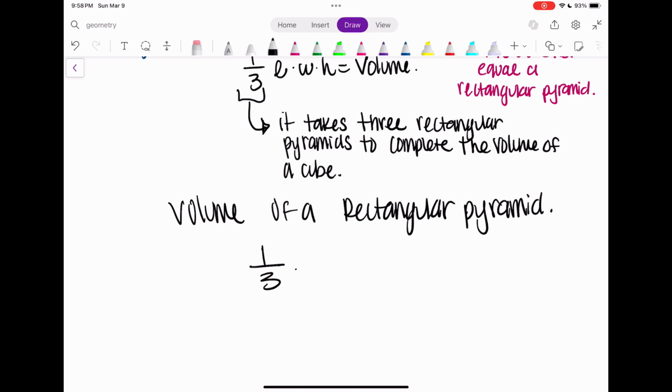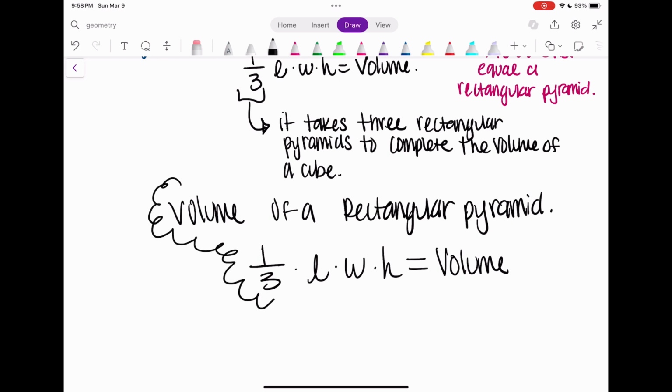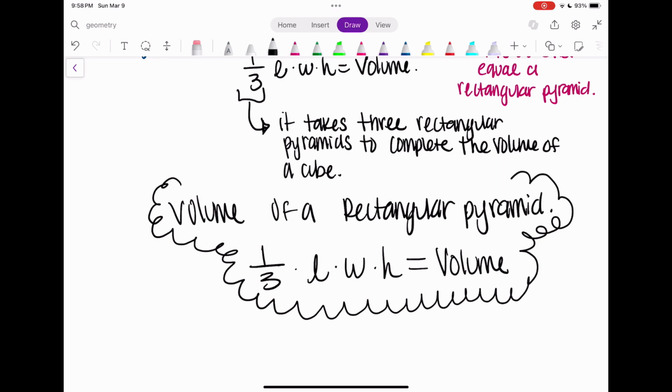We're going to have 1/3 times length times width times height is equal to volume. Please bubble this in. Highlight it. You guys have highlighters there. This is important. You guys will also have this on your test.